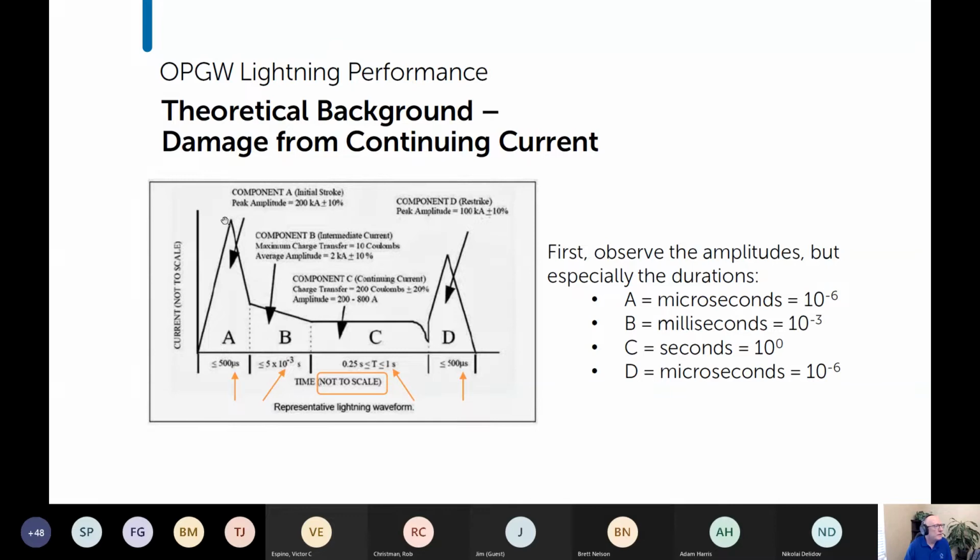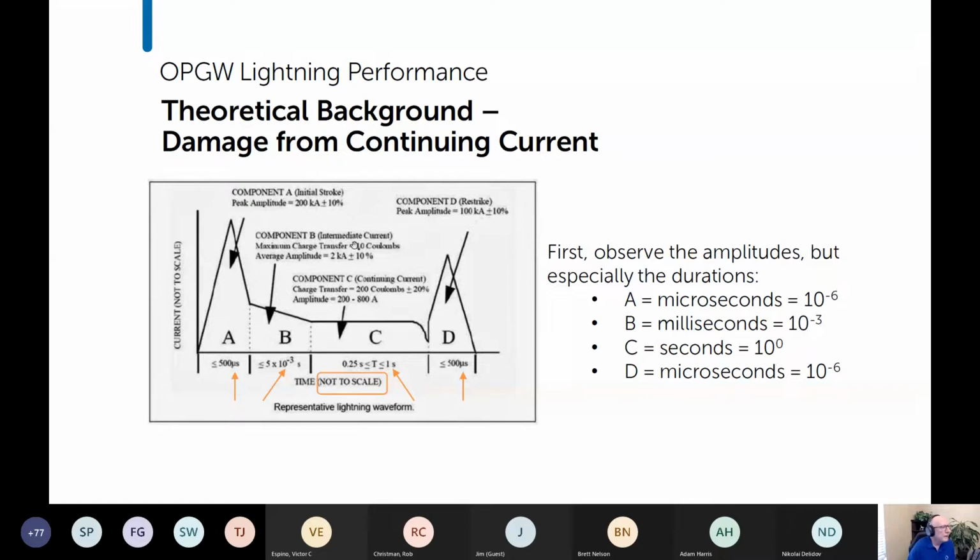So first, the amplitudes, you can understand I've got pulses here. Those are on the order of kiloamps. And of course, that sounds like a lot. Like you would expect that that would do damage. 200 kiloamps is typical. Peak amplitude on the restrike is 100 kiloamps, and that's not anything to sneeze about.